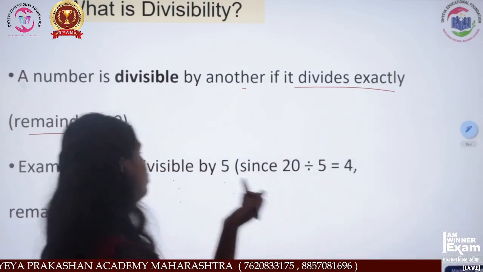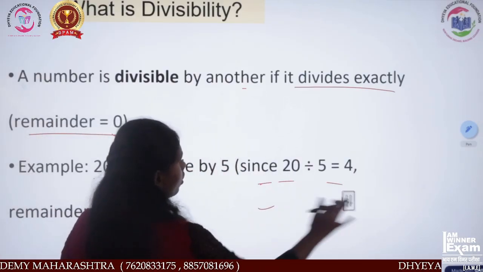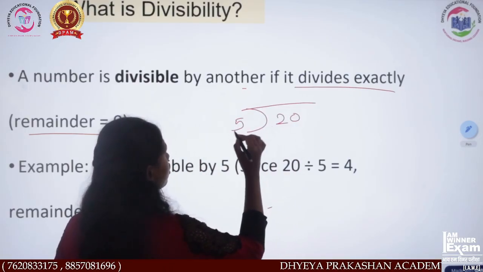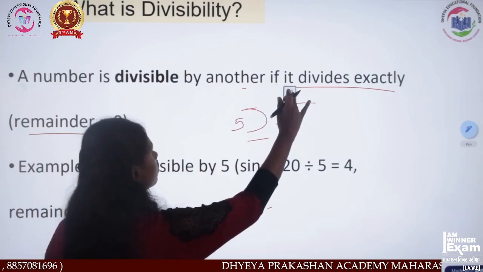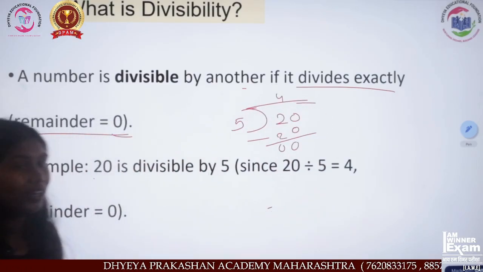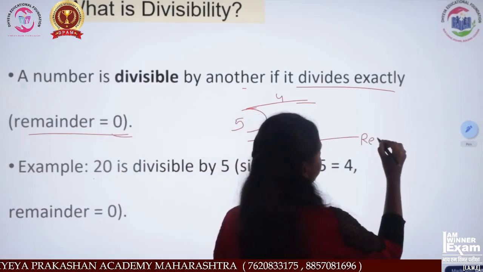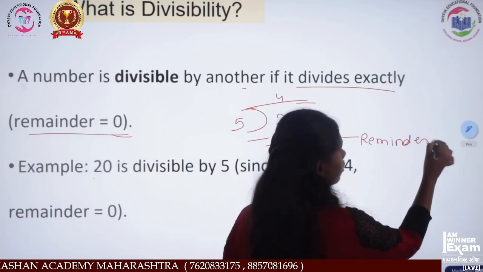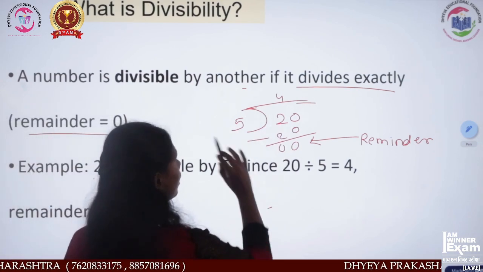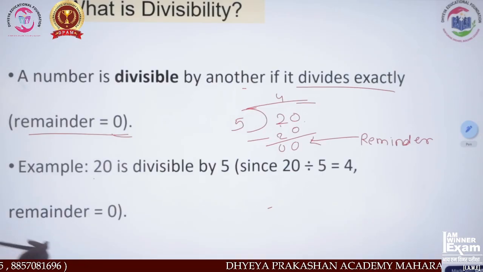So let's check if 20 is divisible by 5 or not. 5 fours are 20, so you will get 20. Then the remainder: the 20 is completely divided by 5, and what remainder did we get?